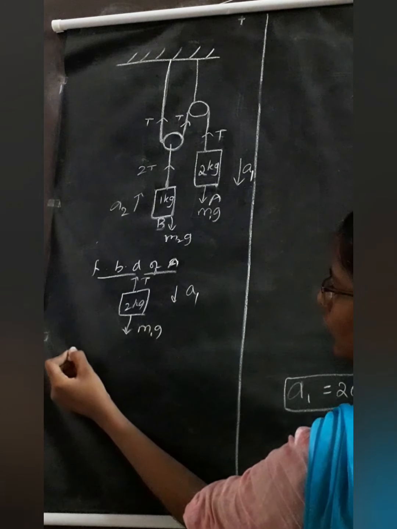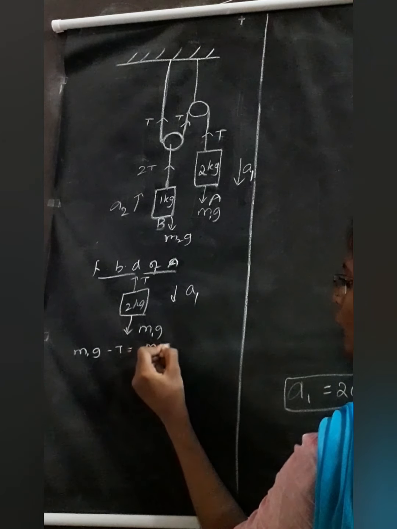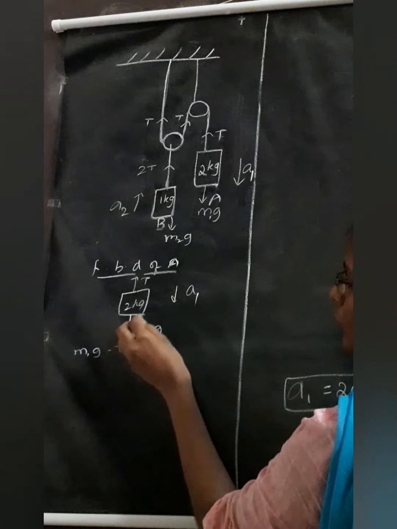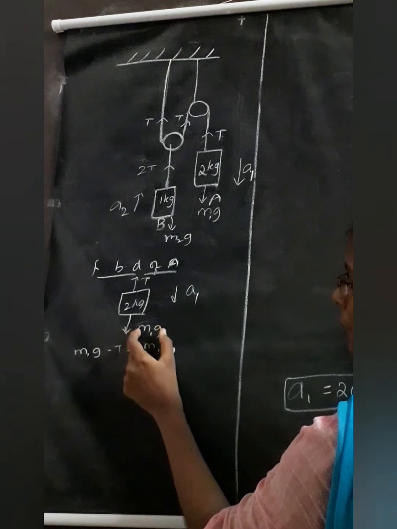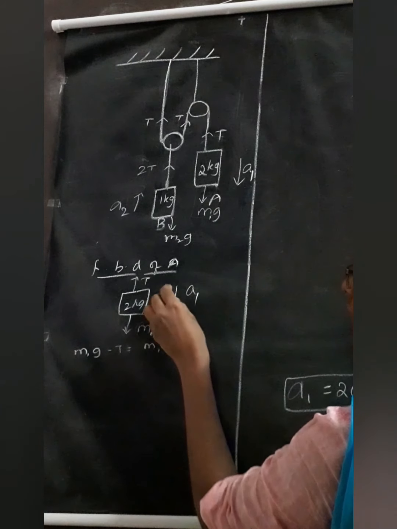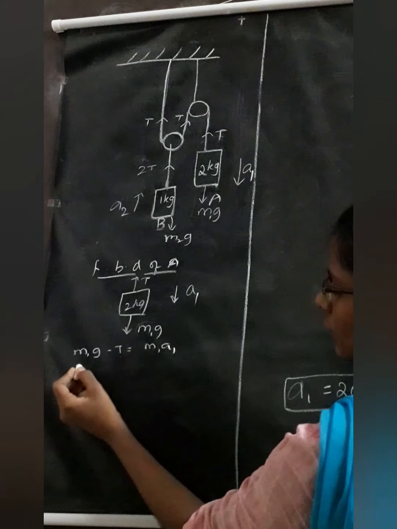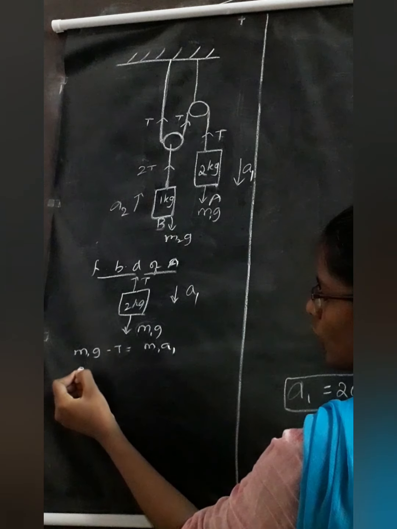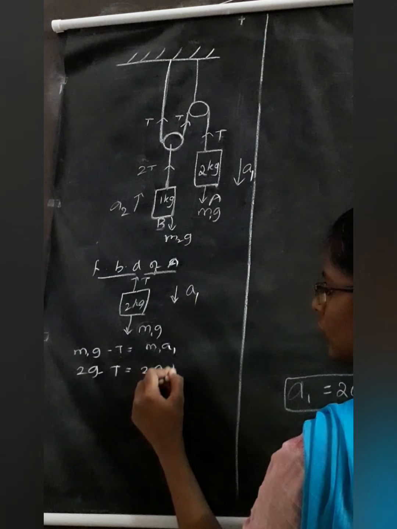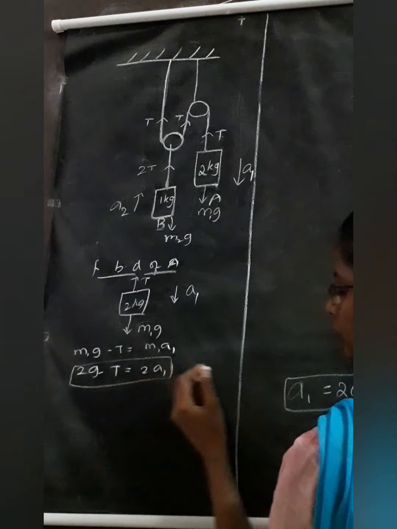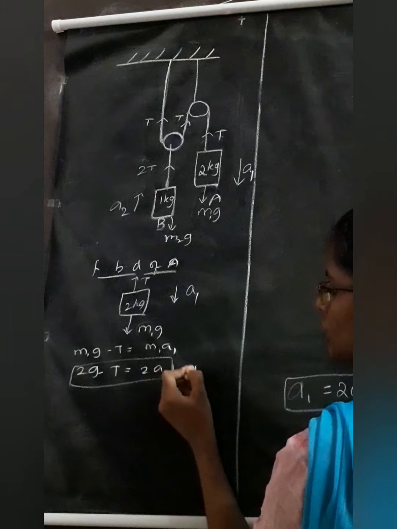So I can write m1g minus T is equal to m1a1, because m1g is the higher value. Only when we subtract m1g minus T, the resultant m1a1 is going to act in the downward direction. m1 is 2 kg, so 2g minus T is equal to 2a1. Let it be equation number 1.